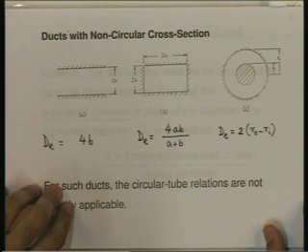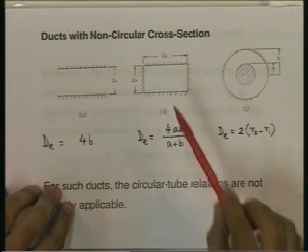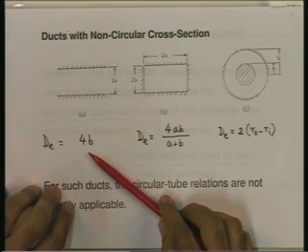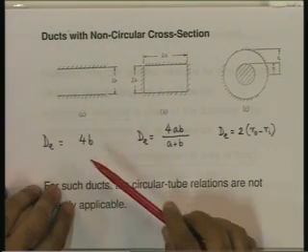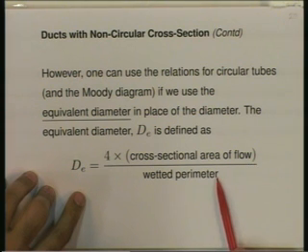So, in case of non-circular geometries, all that we do is, after having determined the mean flow velocity based on the actual area of flow, in the calculation of the Reynolds number and in the calculation of pressure drop where we need that L by D, we use the equivalent diameter, and the equivalent diameter is based on the cross sectional area of flow and the wetted perimeter.